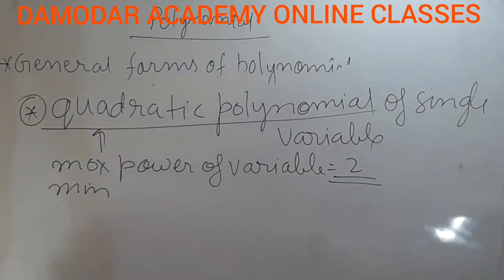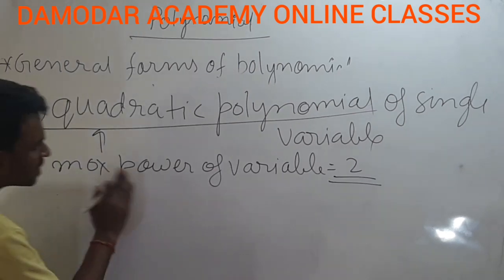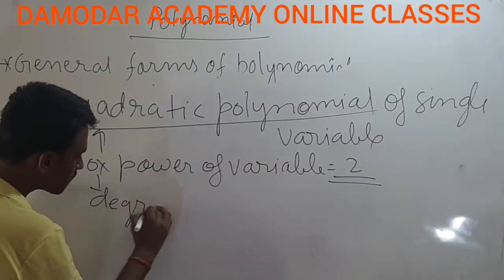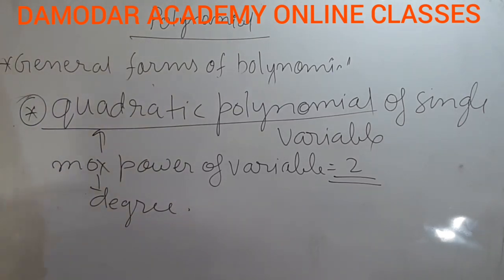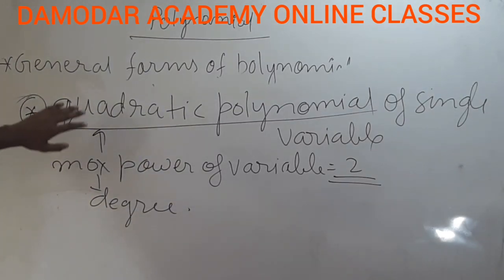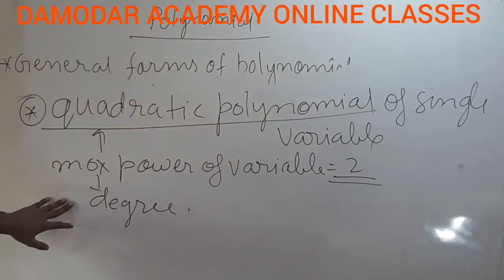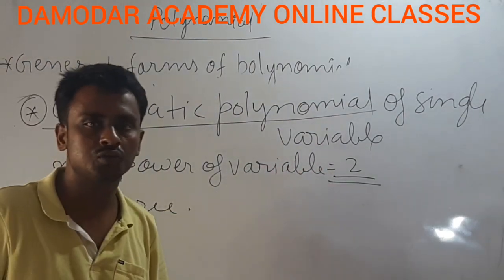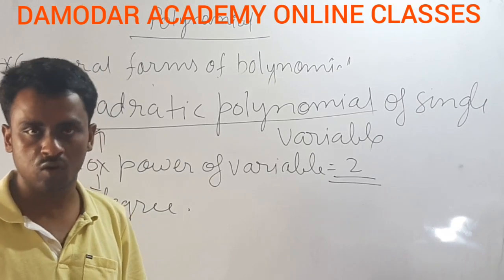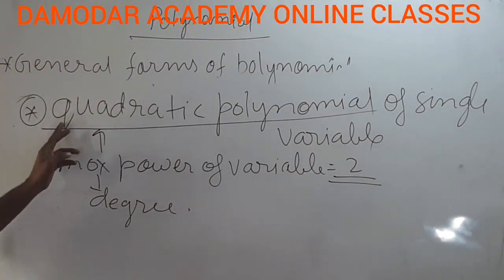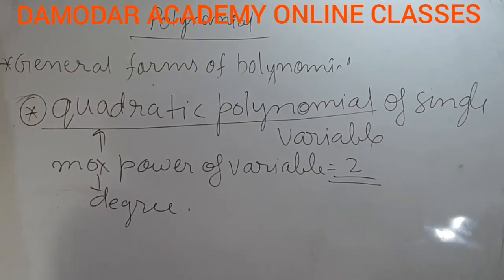ठीक है? और मैक्सिमम पावर ऑफ द वेरिएबल, इसको हम लोग क्या बोलते हैं? डिग्री. ठीक है? तो ऑलवेज रिमेंबर दैट फॉर क्वाड्रेटिक पॉलिनोमियल of single variable, the degree is always equal to 2. Okay? If the degree is not equal to 2, that means it is not the case of a quadratic polynomial.